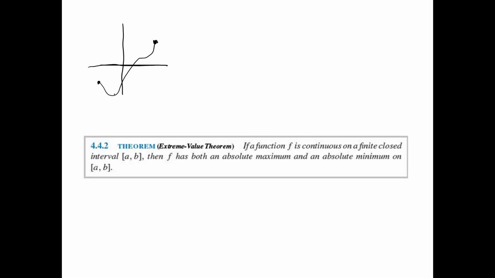And so that one is at a critical point. That should make sense, because if you have an absolute extremum in the interval, then it's going to be a relative extremum. And what we saw last section is that the relative extrema happen at the critical points. And so that's fairly easy.